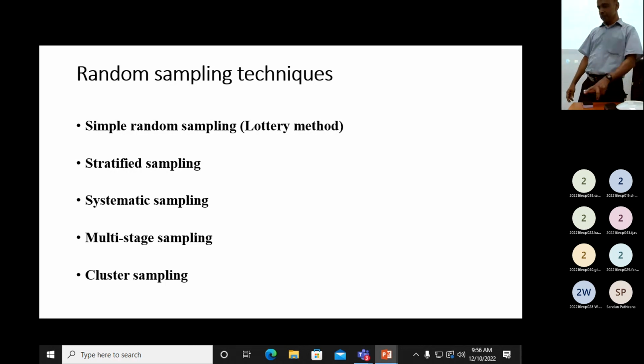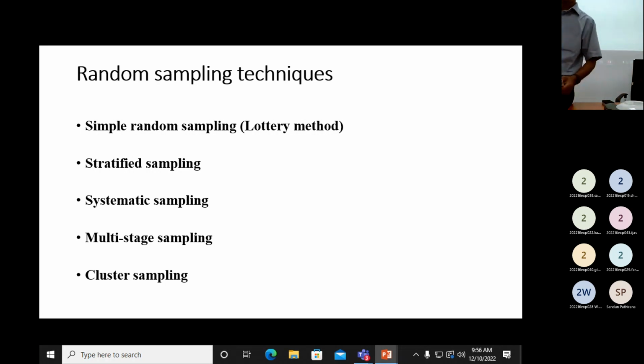In this method, we have to identify the areas which belong to our sample.